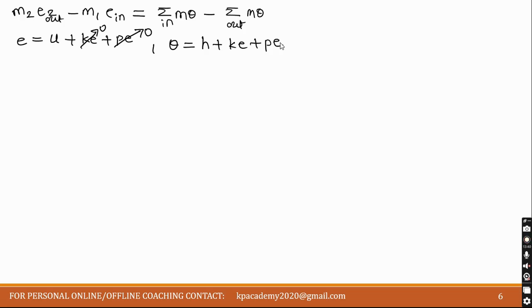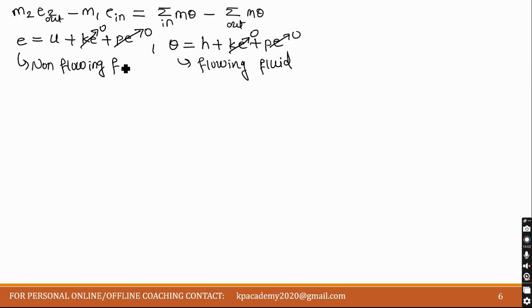Okay, so that is what the theta we have, right? But again in this case we have to ignore the kinetic energy and potential energy for the flowing fluid. So this becomes zero. So this is for flowing fluid and this is for non-flowing fluid, meaning inside the tank.